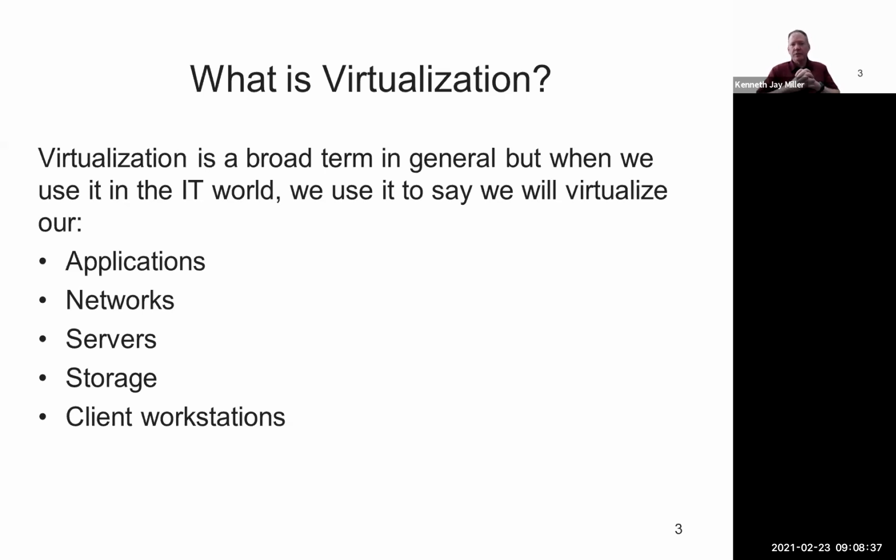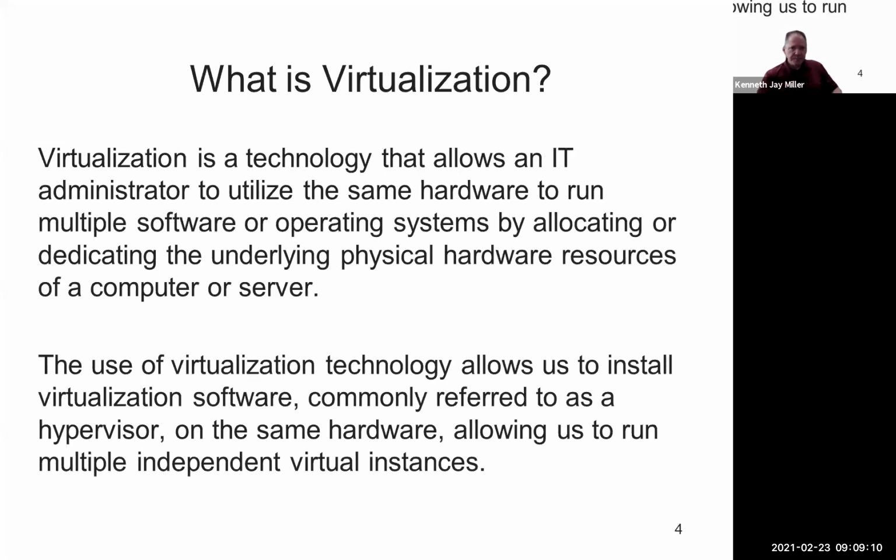The same thing goes for virtualization. A lot of times we think we can virtualize our operating systems, which is very true, but we can also virtualize applications, our networks, our storage, and of course our client workstations and servers. So expand your understanding of virtualization to include all of those things, other than just operating systems, okay?